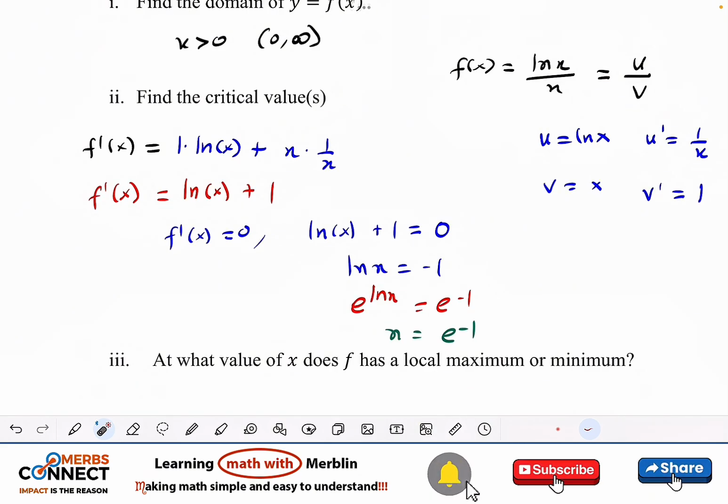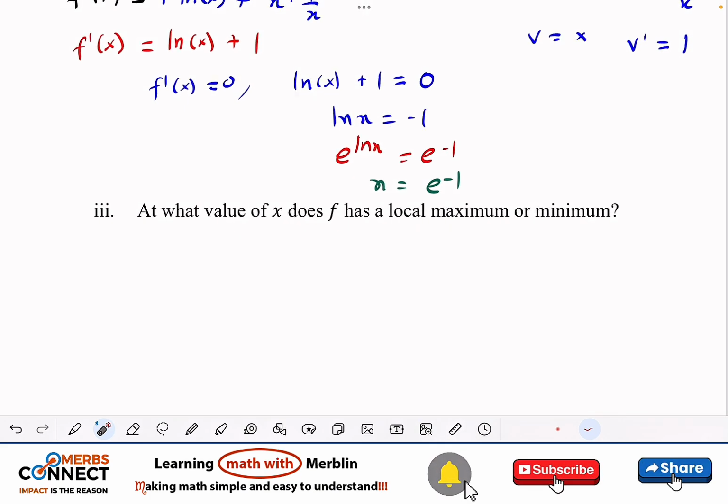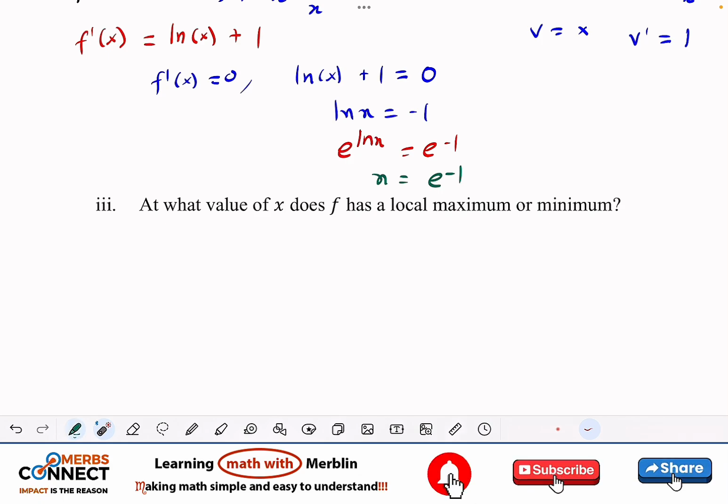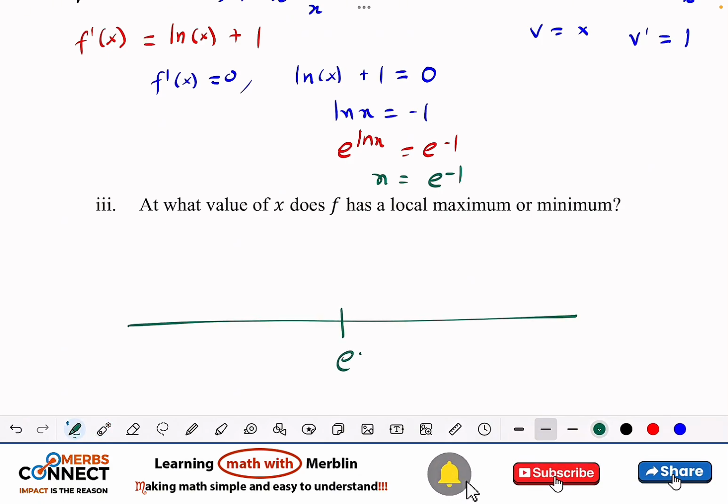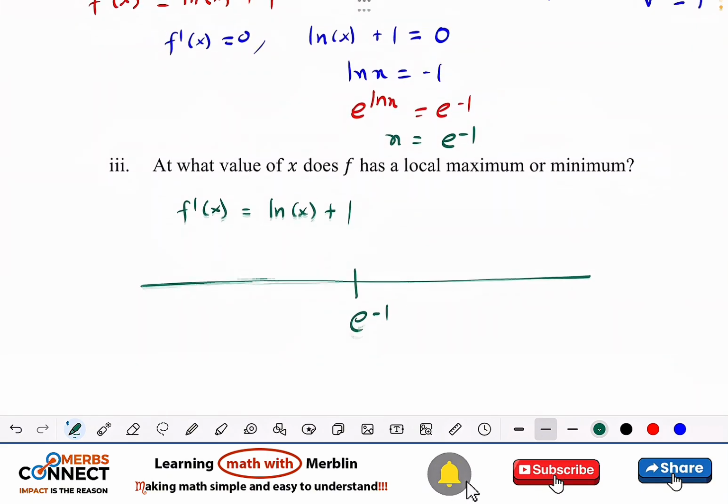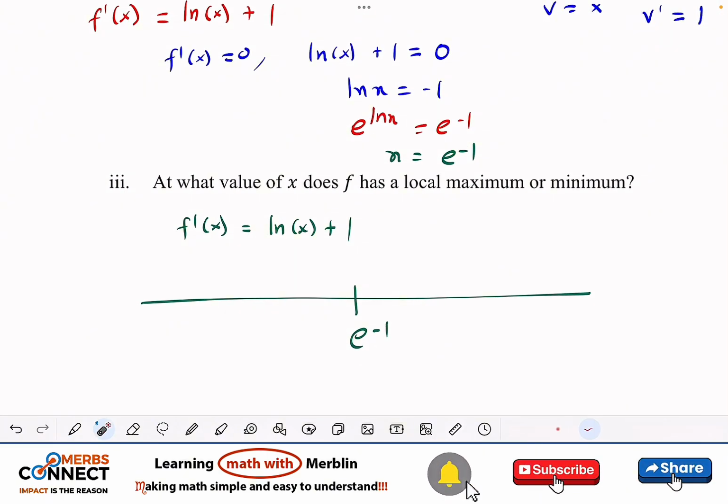Then if that's the case, let's try and figure out our local maximum and minimum. So let's put e to the power minus 1 on the number line. So f prime, we had it to be ln x plus 1. So the real question is, now we need to pick any value here.